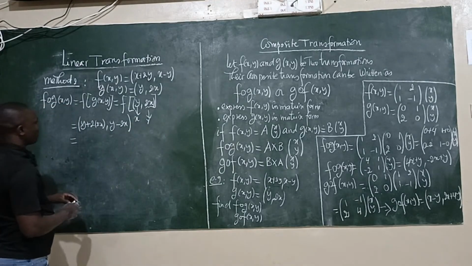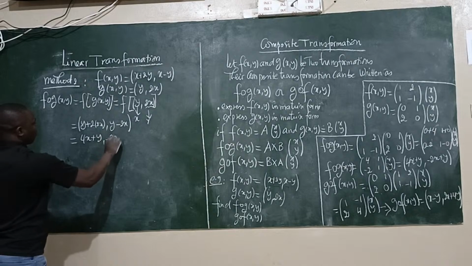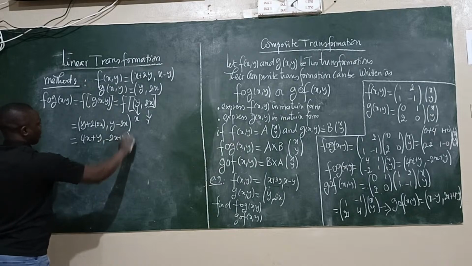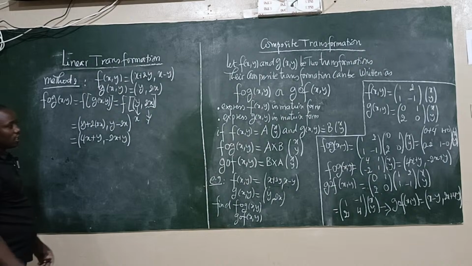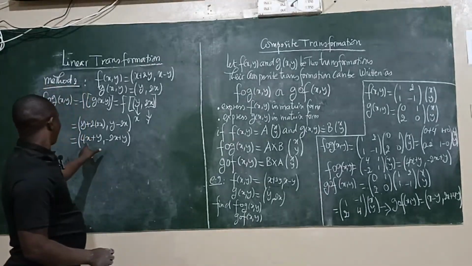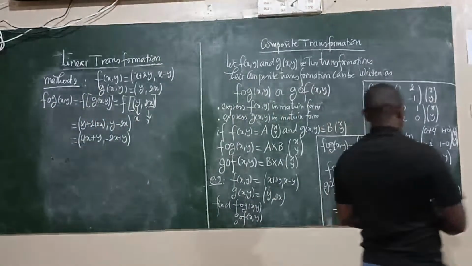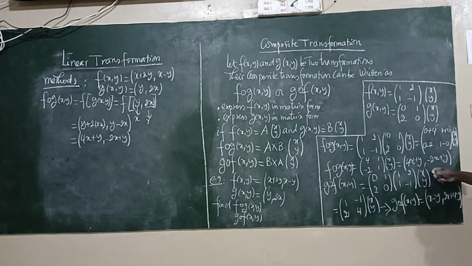This is the same as having 4x plus y, comma, minus 2x plus y. That is g of f. Look, this is similar to this.